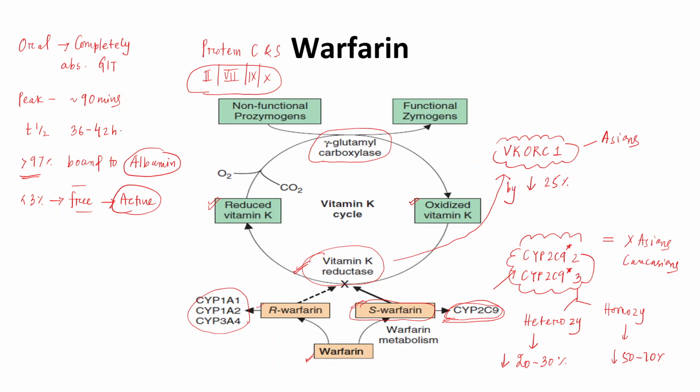In case of CYP2C9*2 or CYP2C9*3, you have to reduce the dose by 20 to 30% if heterozygous, and by 50 to 70% if homozygous. And if there is a VKORC1 polymorphism, you may need to reduce the dose by 25%.